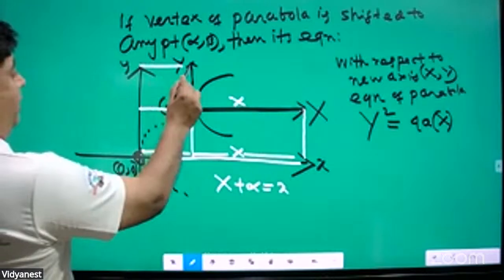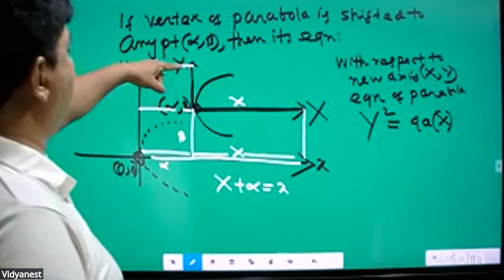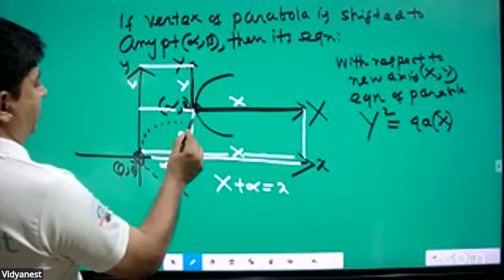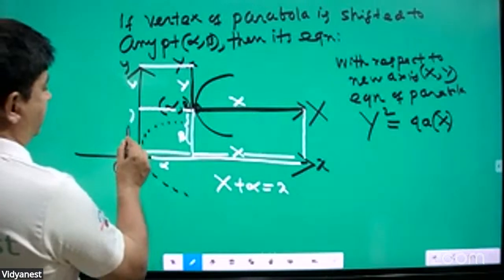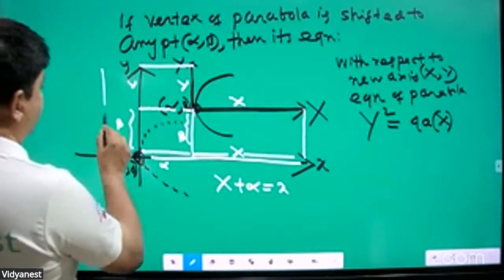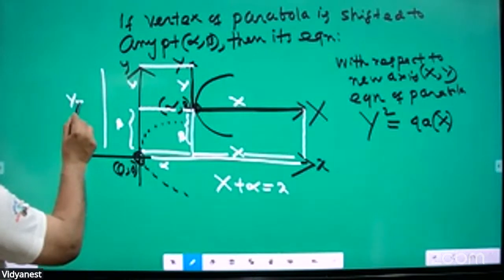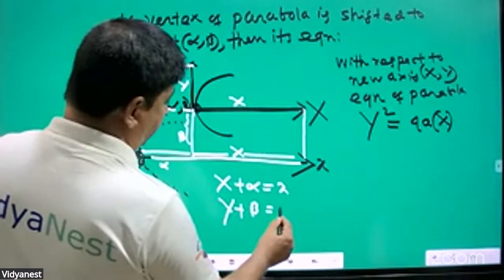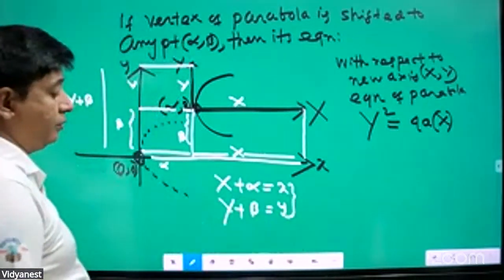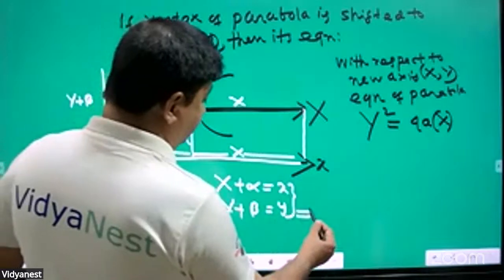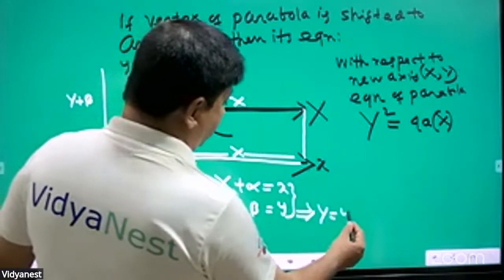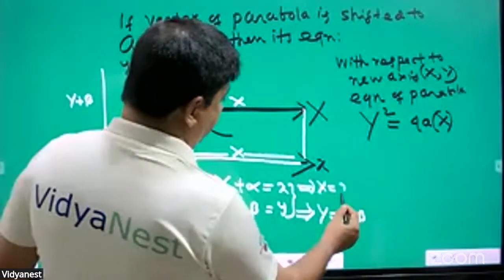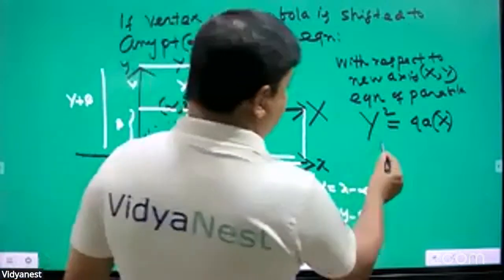Similarly, if I join the line segment's extremities, this is capital Y, so this is also capital Y. This is beta, this is beta. So this whole thing is capital Y plus beta. So what is capital Y? Y minus beta. What is capital X? X minus alpha. Place there.